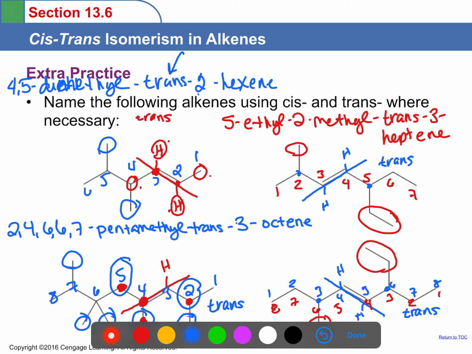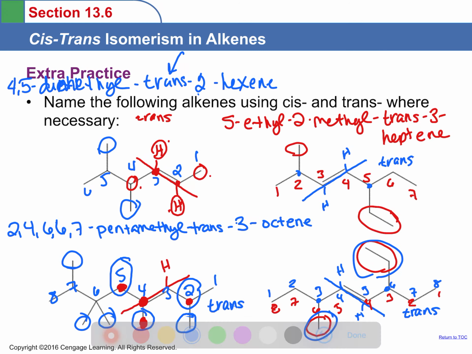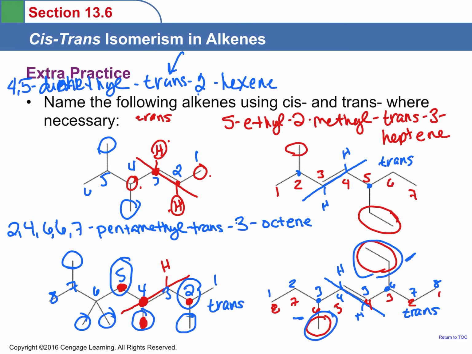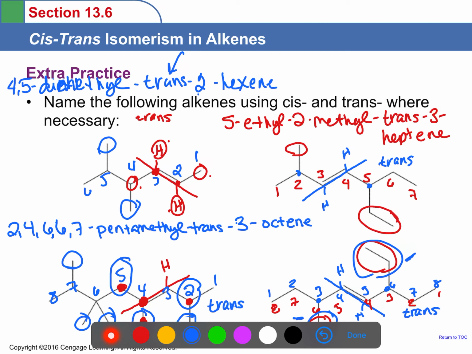Blue also gives groups on 6 and 3. So numbering groups doesn't break the tie. Next thing to look at is alphabetizing the groups. So in this case, we've got an ethyl group and a methyl group. So the E comes before M. So that means I want to give the ethyl group the smallest number possible, which is the red numbers. So I'm going to use my red numbering system.